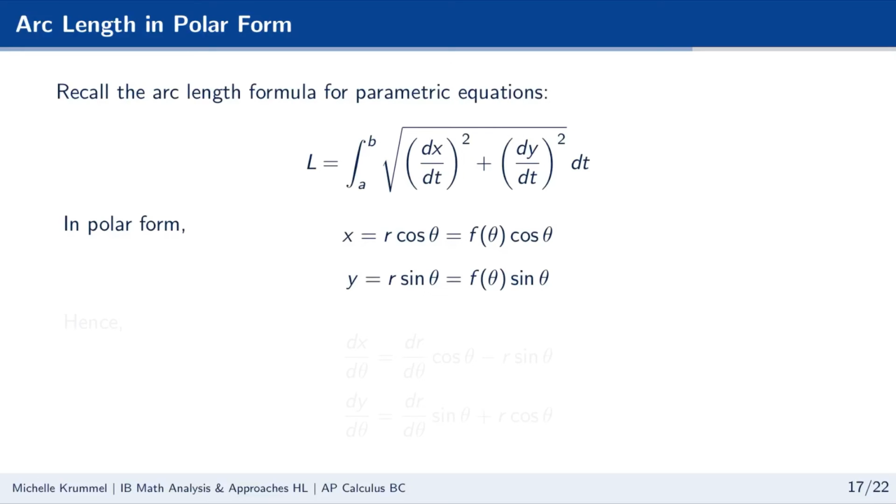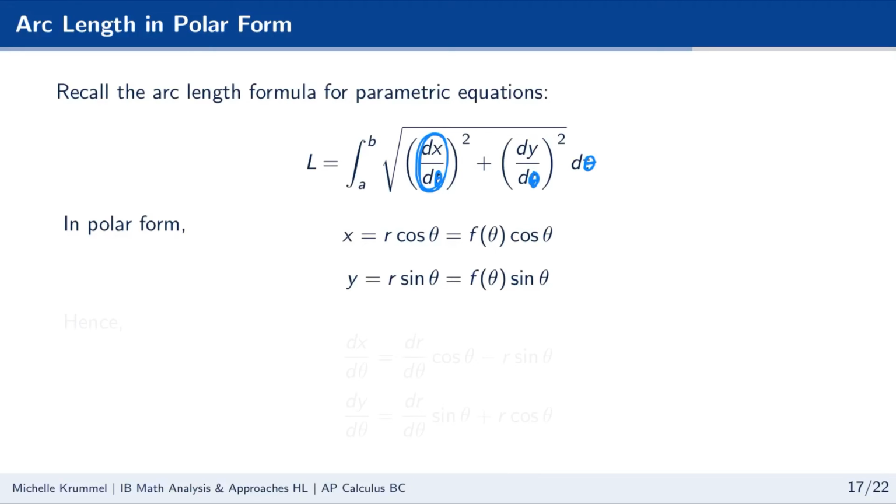And then we're going to find dx/dt. In this case, the parameter is θ instead of t, so we're just going to make all of these t's θ's. We're just calling the parameter θ here instead of t. So we are going to find dx/dθ, and then we're going to find dy/dθ so that we can substitute them into this equation.